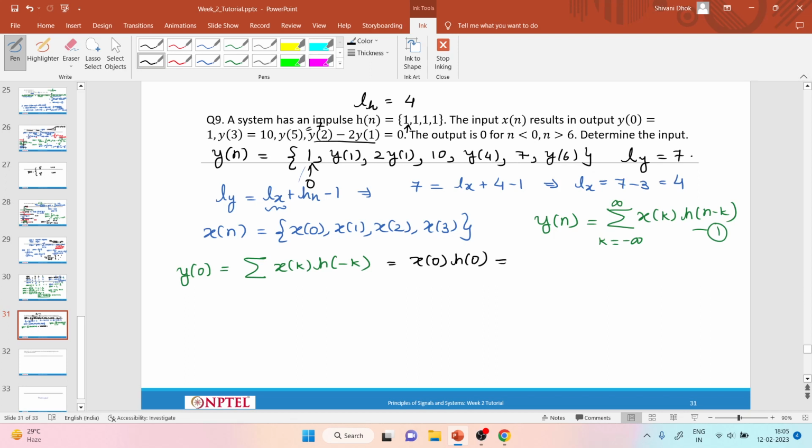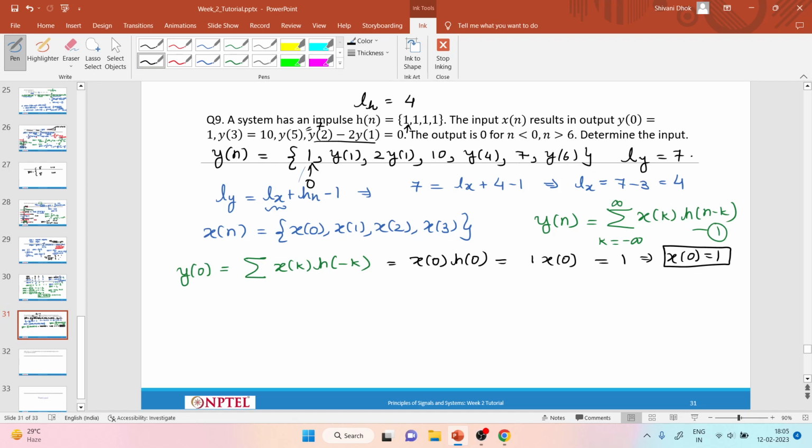Now I have the value of y of 0 as 1 and h of 0 as 1, which means that my x of 0 is equal to 1.